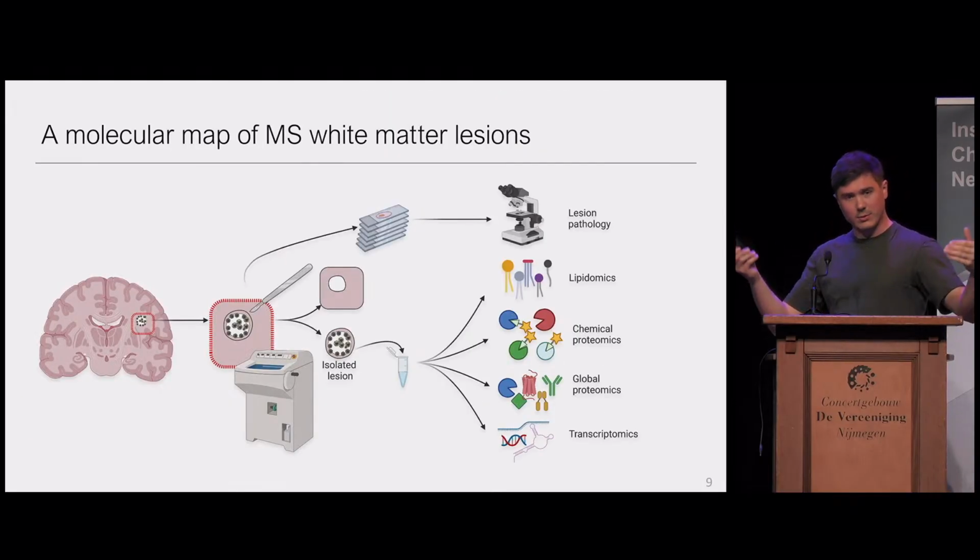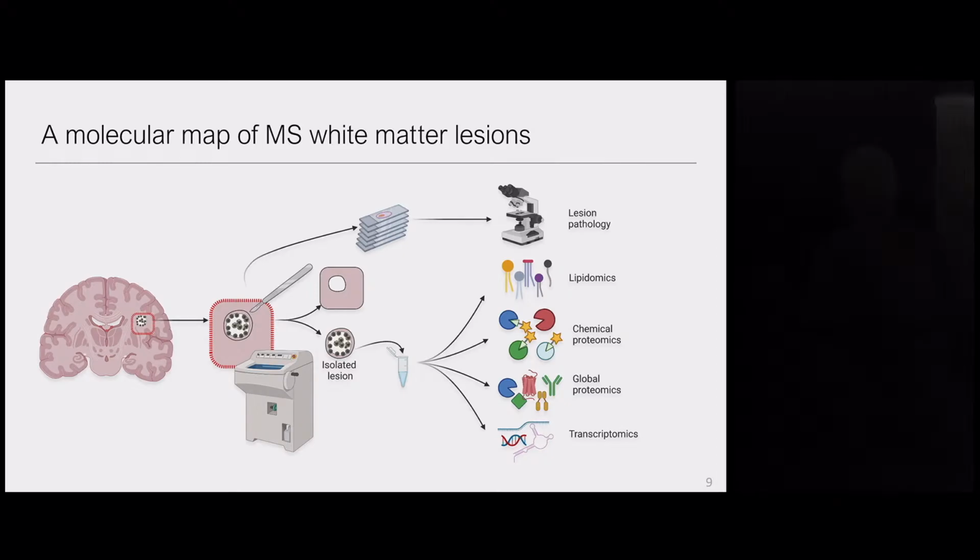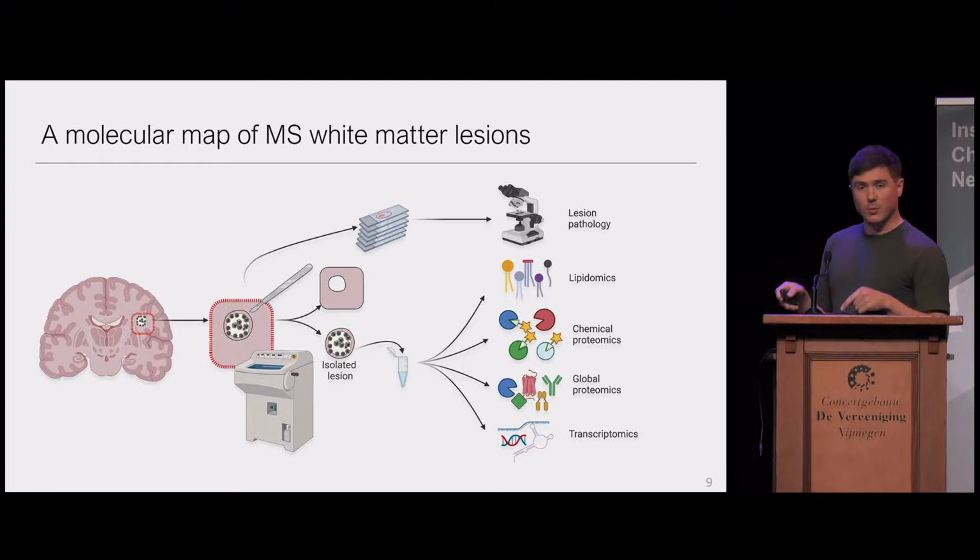Now, this wouldn't be a cross-omics festival if we didn't then start to do many omics technologies, including lipidomics, chemical proteomics, global proteomics, and gene expression analysis. But because of the central role of lipids in these foamy microglia, I want to take you through the lipidomics data first.